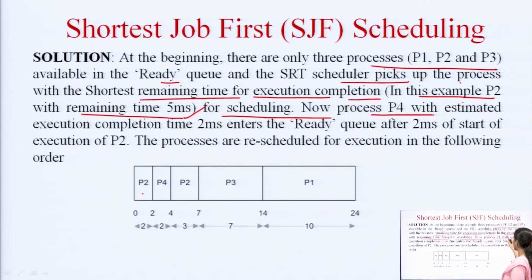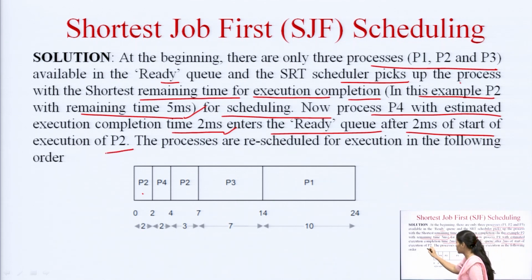Now, the process P4 with the estimated execution completion time, that is 2 milliseconds, enters the ready queue after 2 milliseconds of start of execution of P2. So, the processes are rescheduled for this scenario. Now, P2 is being executed, after 2 milliseconds P4 will enter, and after that P2 again will be executed because it is left with the least execution time.